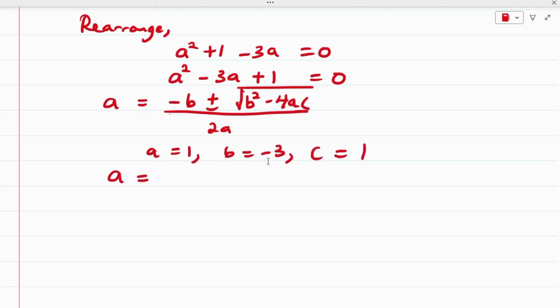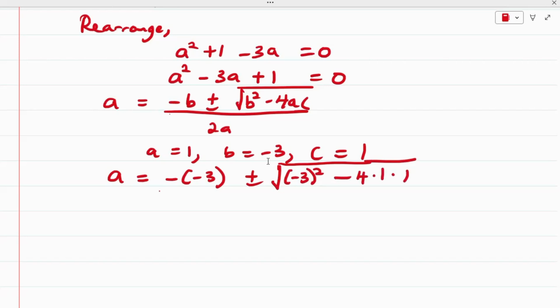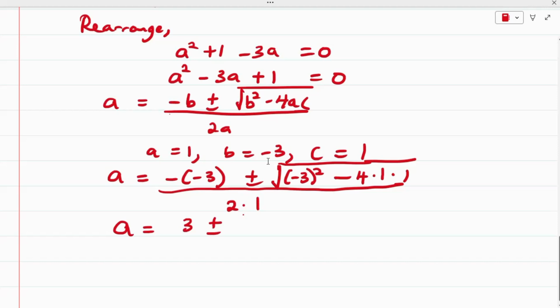So we have a is equal to minus into minus 3 plus or minus the square root of b square, which is minus 3 all square, minus 4 multiplied by a, which is 1, multiplied by c, which is 1, divided by 2 multiplied by a, which is 1. So a is equal to minus times minus is plus, so we have this to be 3 plus or minus the square root of minus 3 square is 9, minus 4 multiplied by 1 is going to give us minus 4, divided by 2 multiplied by 1 is 2.